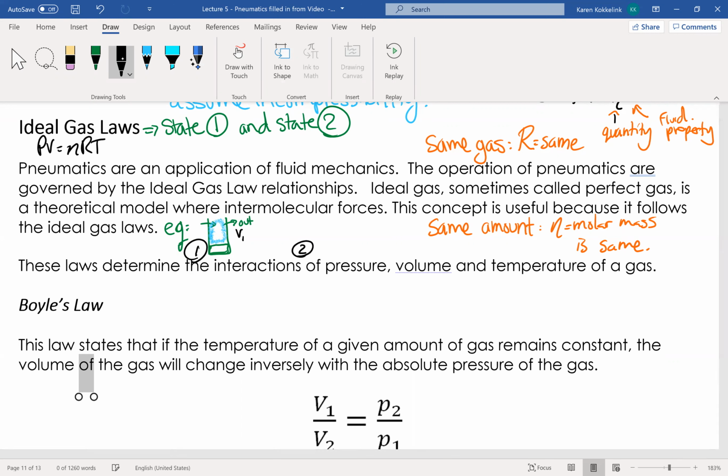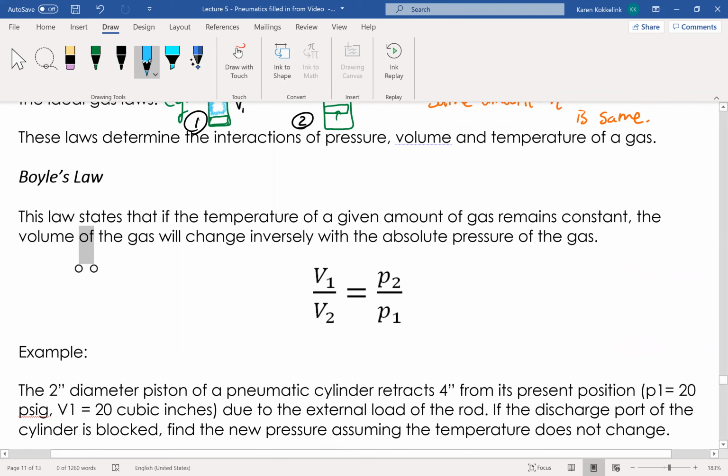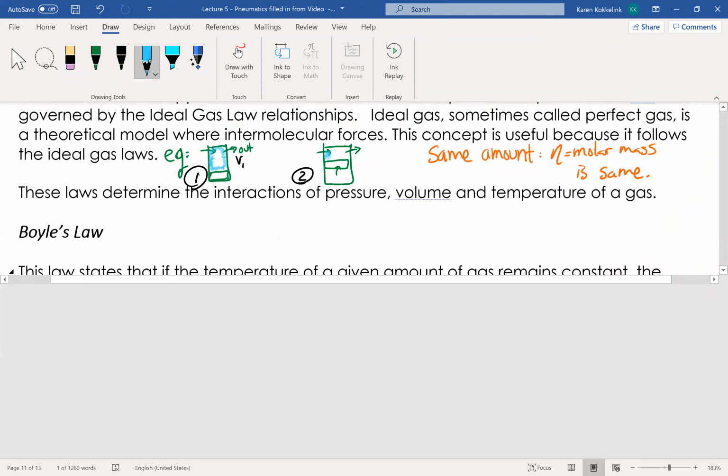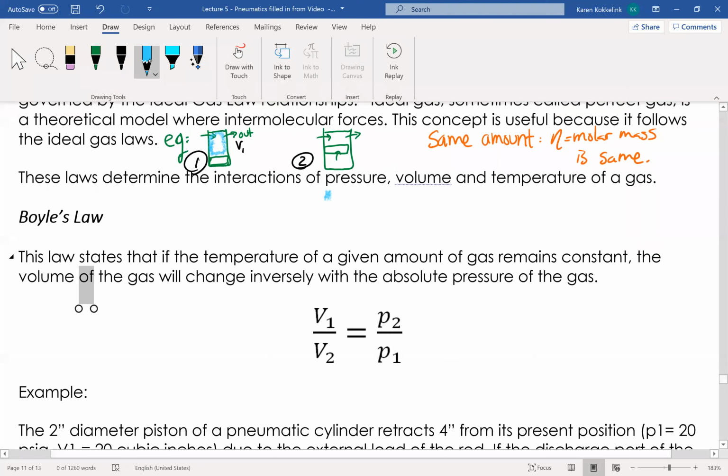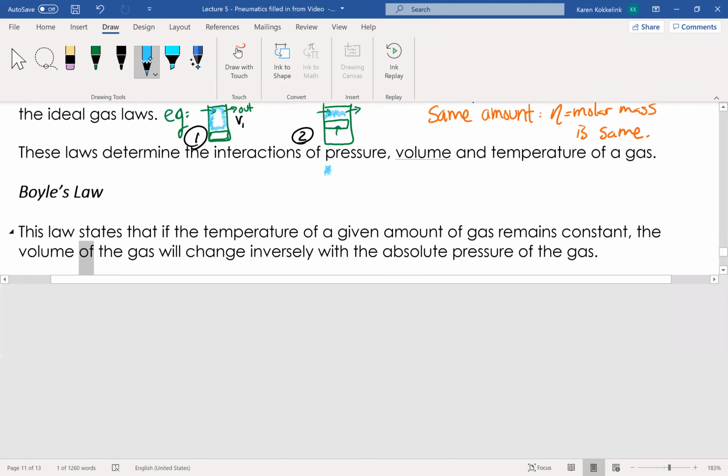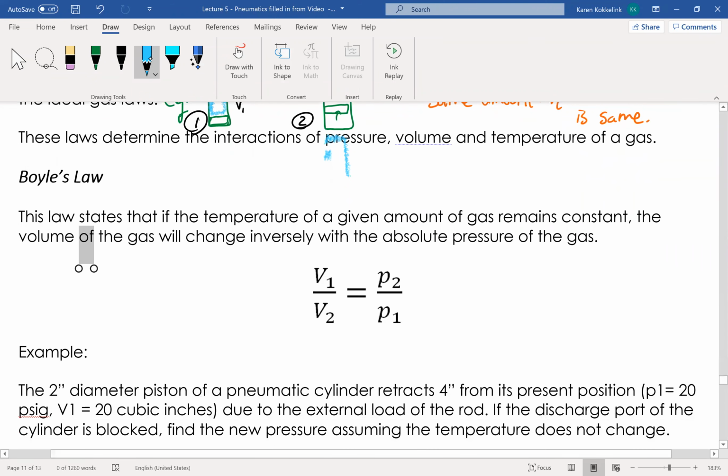But in state 2, let's say this is closed at the top, and this has an inlet and an outlet. The piston is way up here because it got moved up. So now the fluid got compressed and it's sitting up there now.